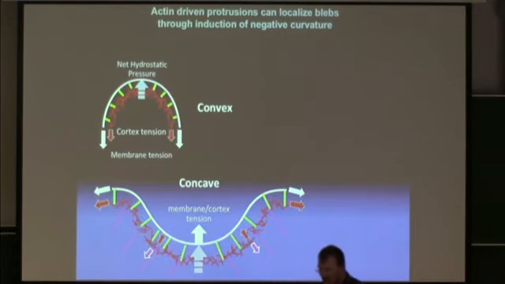If you look now at the concave case, hydrostatic pressure is also directed outwards. But now, so are membrane and cortical tension. What we see, however, in the experiments is that the actin cortex always stays in place.